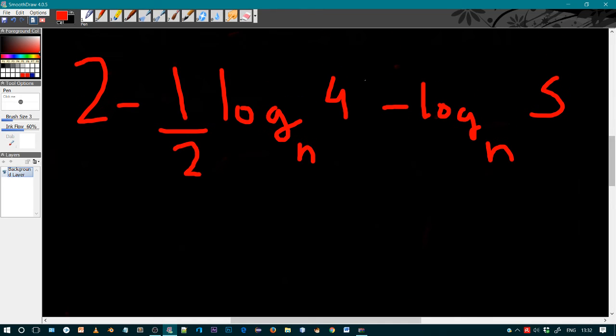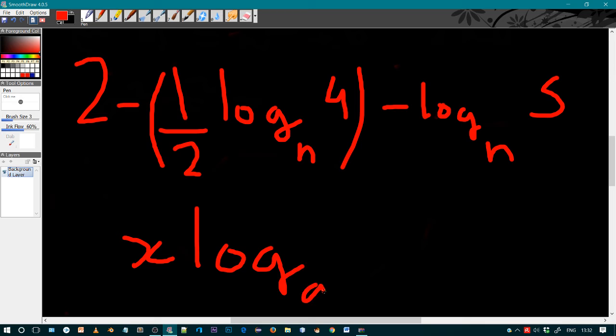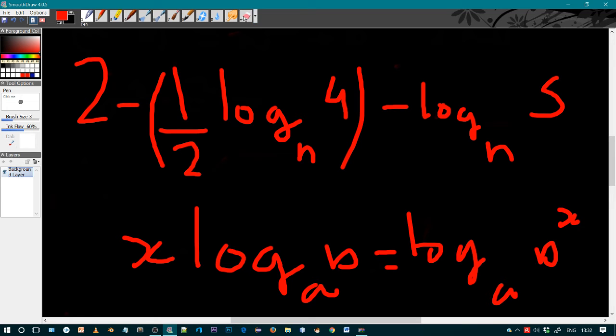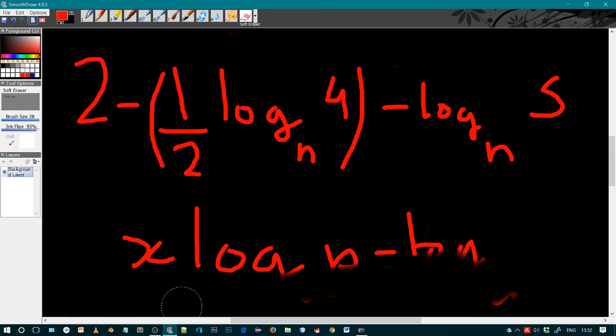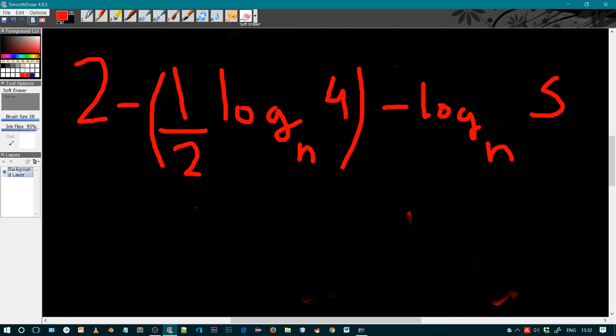First we're gonna simplify this expression. Can you notice something here? There's a half into log base n of 4, and we learned that x log a b is equal to log a of b to the power x. So half log base n of 4 would simply become log base n of 4 to the power half.